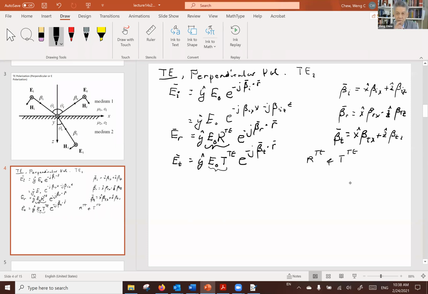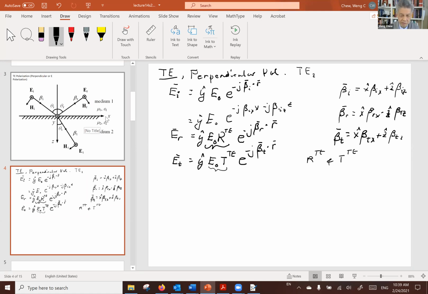Okay, so what do you think we should do next to find these two unknowns? We will have to match boundary conditions. We have the electric field equations. We can match boundary conditions for the electric field. And what would the boundary condition for electric field at this interface be?